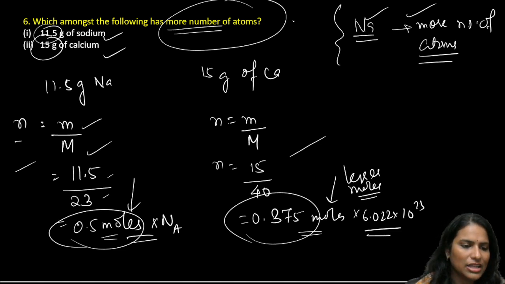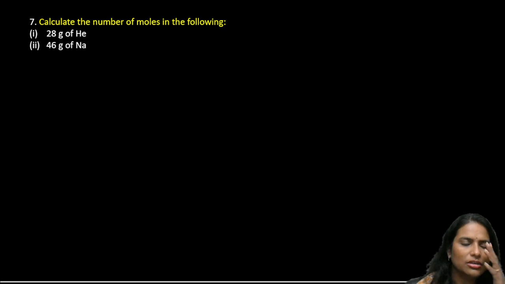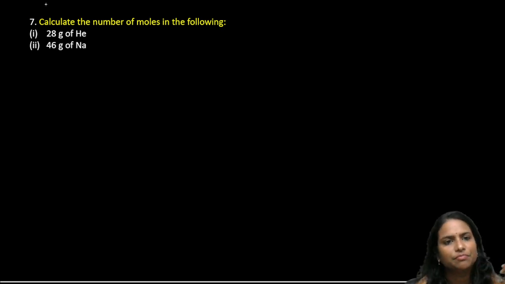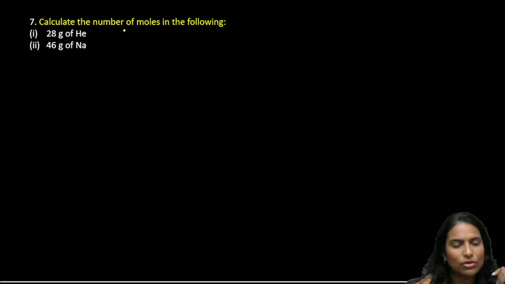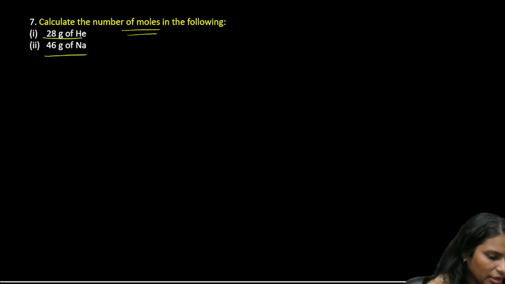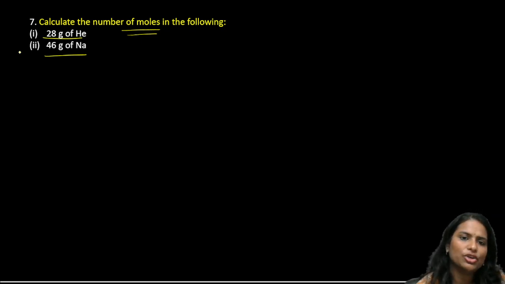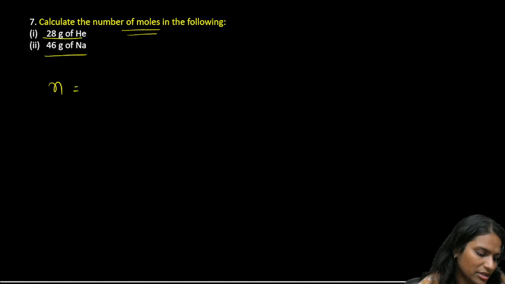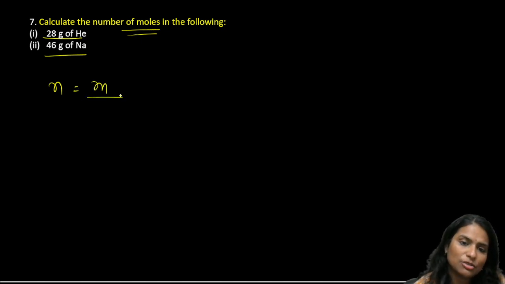Now this is one of the last questions related to the mole concept, the next kind of variety. Okay, let us see this question. Here you need to calculate the number of moles in 28 gram of helium and 46 gram of sodium, right? So for 28 gram of helium, what you need to calculate is moles. Here it is again very simple: mass upon molecular mass.